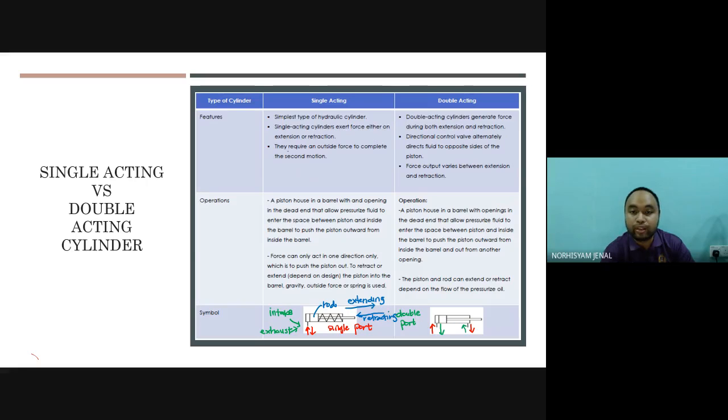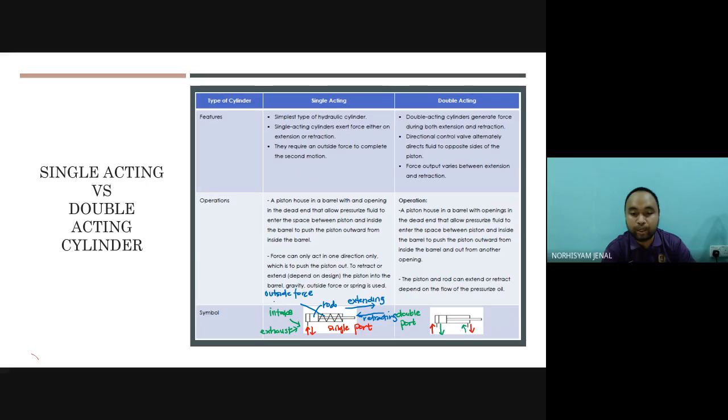So they require an outside force to complete the second motion. What does it mean by requires outside force? It means when you have, for example, the rod pushed to this side, and we don't have any pressure anymore, to make this rod come back to the position again, for example, this is what we consider an outside force.